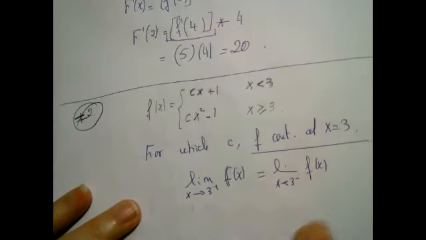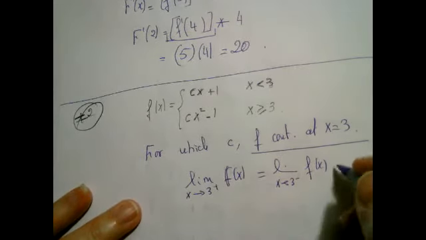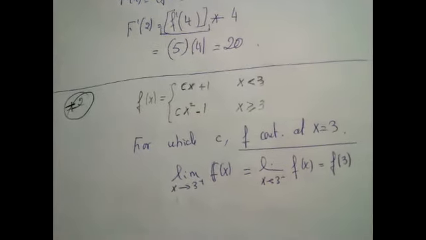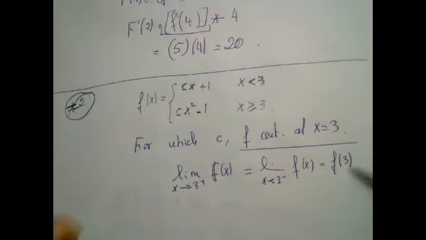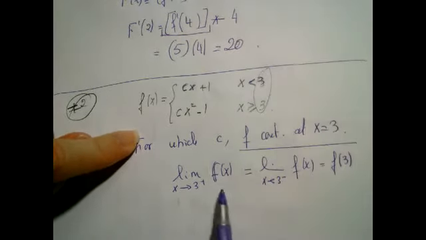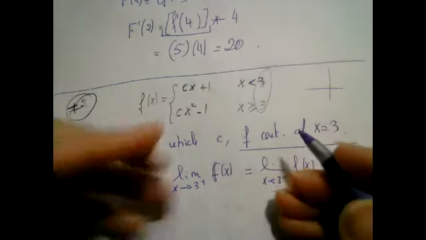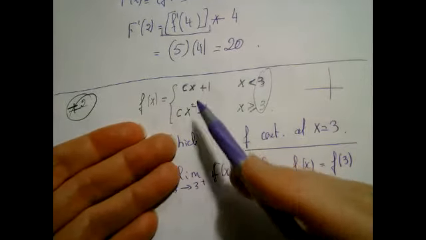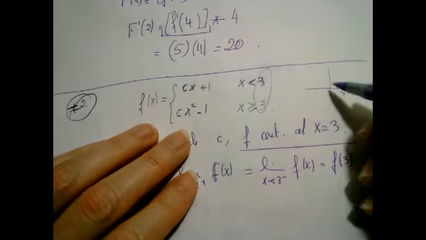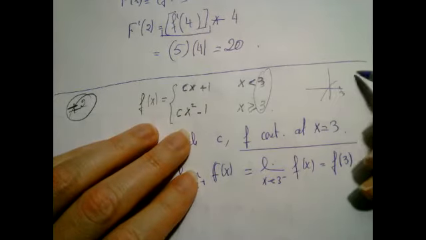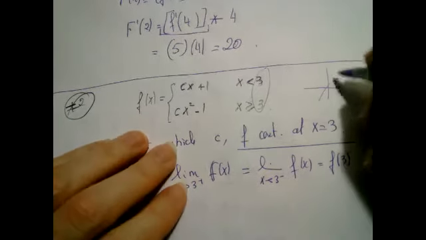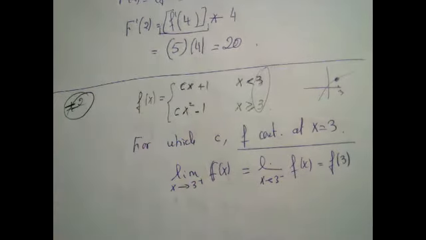We want the limit to exist, and we want this limit to coincide with the actual value of the function. I cannot even draw a picture here because I have a c in here, so I cannot think graphically, but I want the limit from the left to be equal to the limit from the right to be equal to the value of the function. That's really what I want.